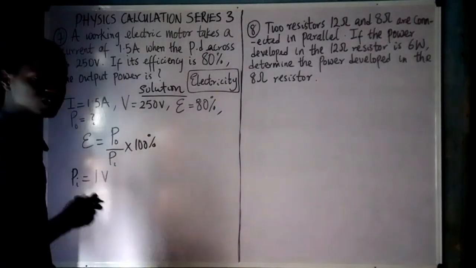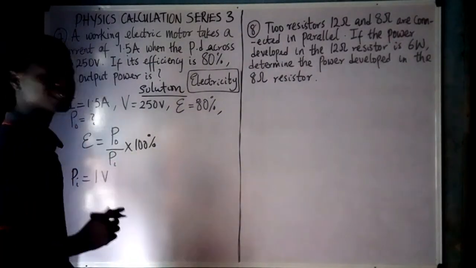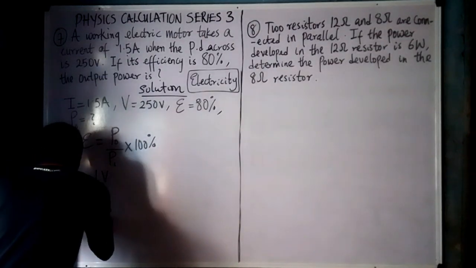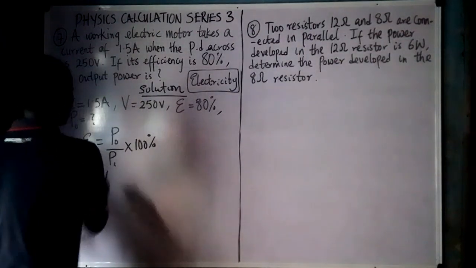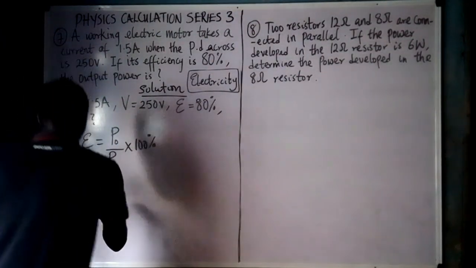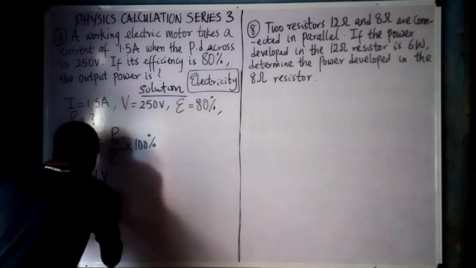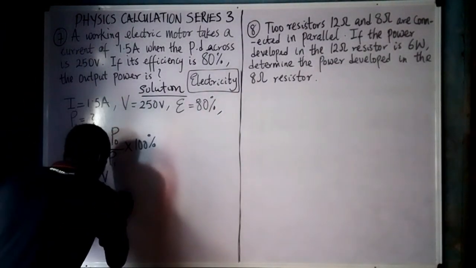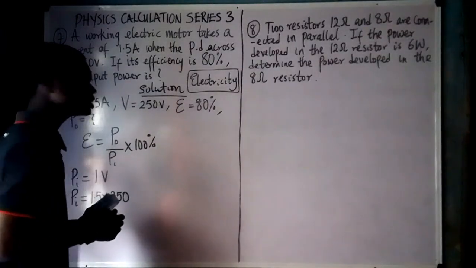So let's solve for that. Input power is equal to our current, 1.5, times our voltage, 250.